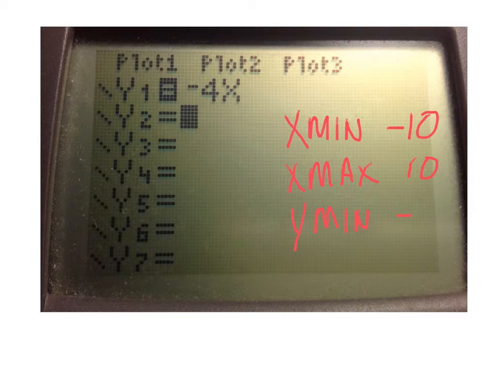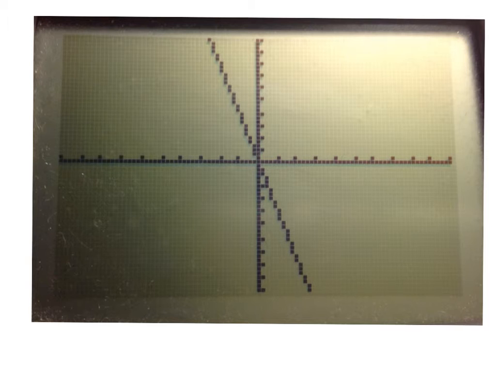Y min, negative 10, Y max 10. Should be a scale in there as well. We just usually leave that at 1. Once you make certain the window is adjusted properly, then you can hit graph and the graph will show up. That's the graph.